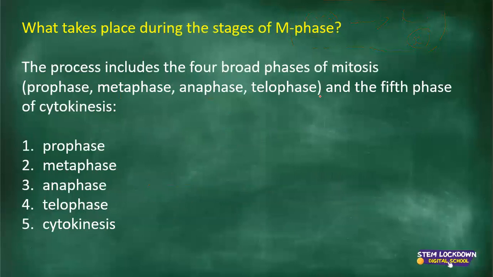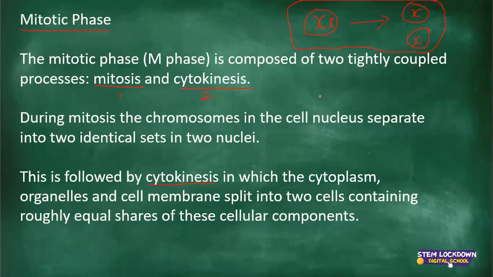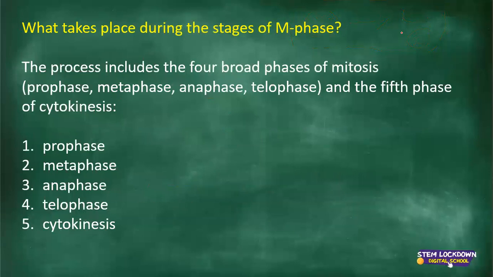And then, what takes place during the stages of M phase? M phase is the mitotic phase. So don't ever confuse the mitotic phase with mitosis. Don't confuse the two, they are different. Mitotic phase is the main phase whereby mitosis and cytokinesis fall underneath that. So the process includes the 4 broad phases of mitosis, which are prophase, metaphase, anaphase, and telophase.